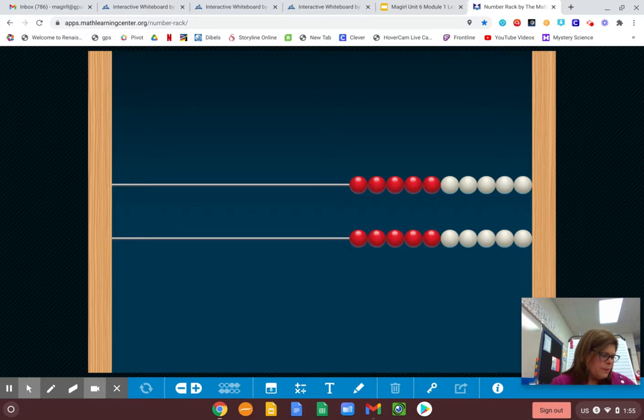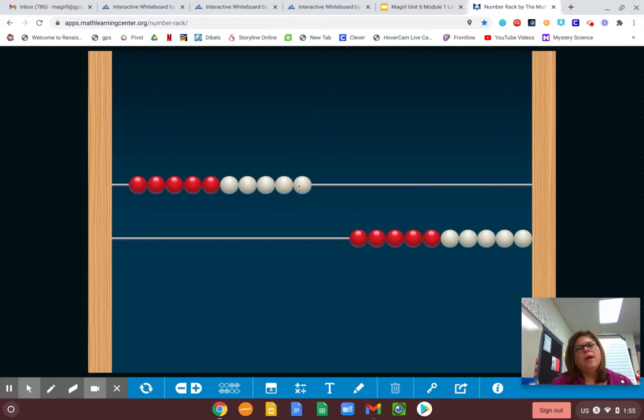The next problem says, on Sunday, Penny the penguin ate 10 fish for breakfast. So watch again. I'm going to move 10 beads on my number rack over. If you have your number rack, you could do that. Otherwise, just watch. Then she ate 6 more fish for lunch.